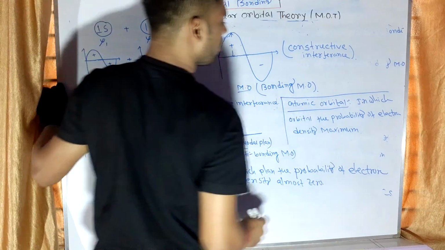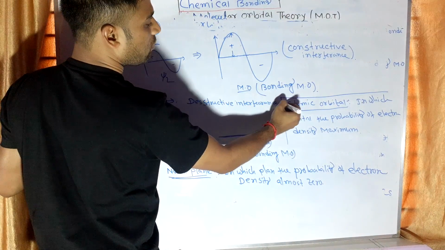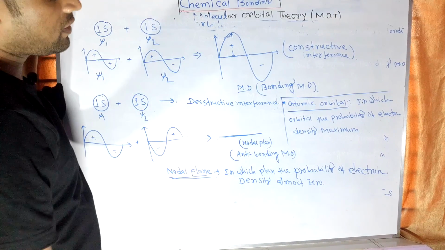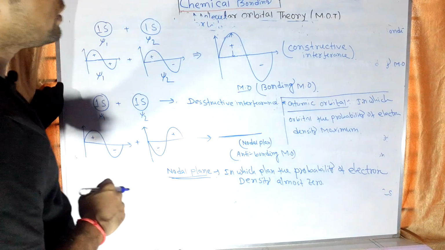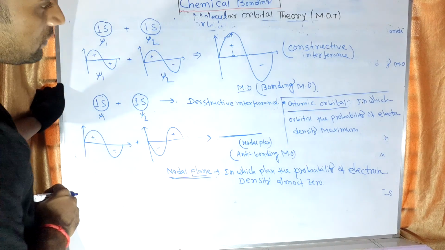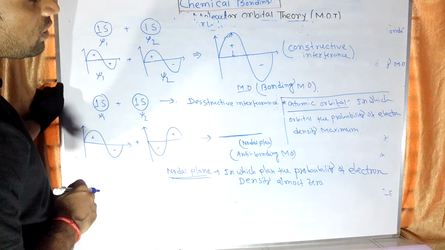This is called an atomic orbital. The difference between atomic orbital and nodal plane: in a nodal plane, the probability of electron density is 0, but an atomic orbital has the highest electron density probability. This is the basic difference between the nodal plane and antibonding formation.